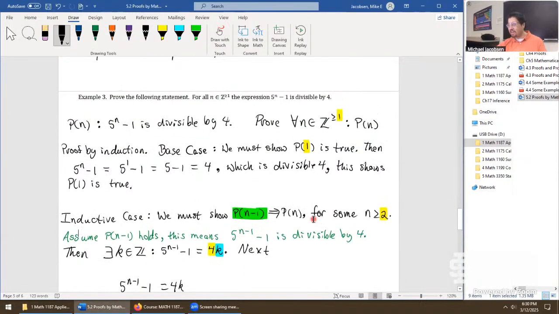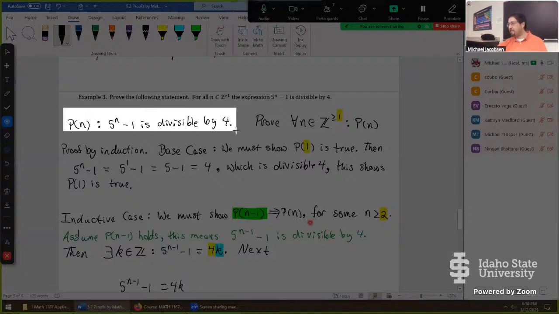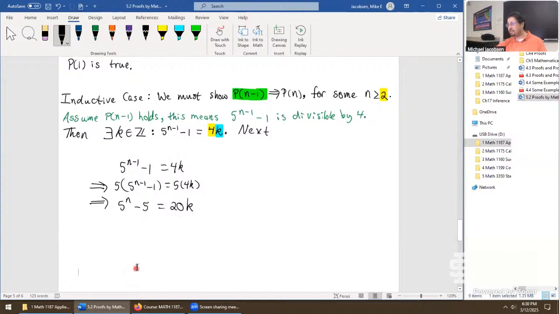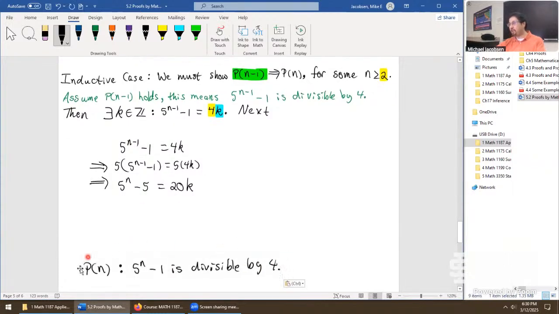You always want to have your eyes up here. When you're in the inductive case, after you've assumed P(n-1) holds, keep your eyes on the prize right here. This is our major target we're trying to get to: divisible by 4. And look what we have so far. We have the 5^n - 5. We don't have the minus 1, but if you're looking here, it informs you of the next step. Just add 4, and we'll get the minus 1 we're expecting.